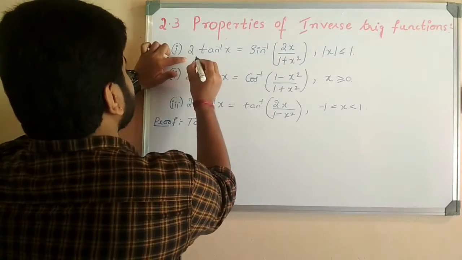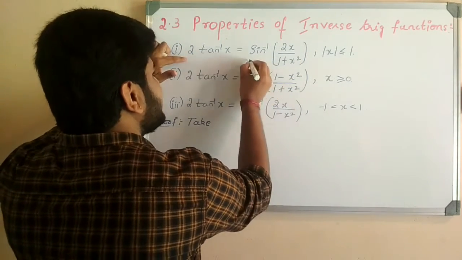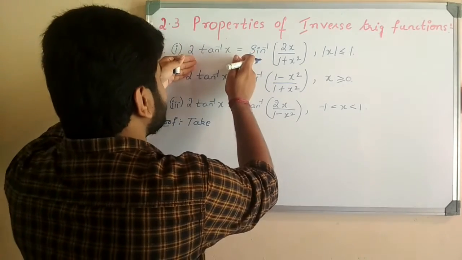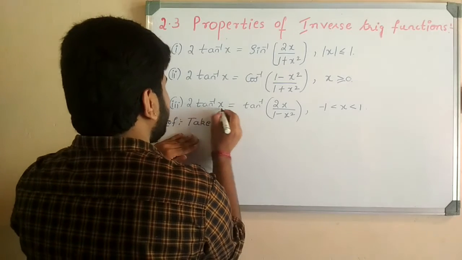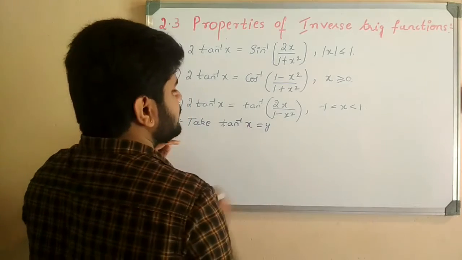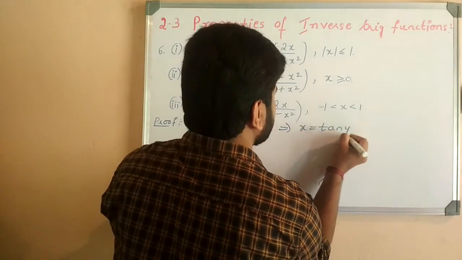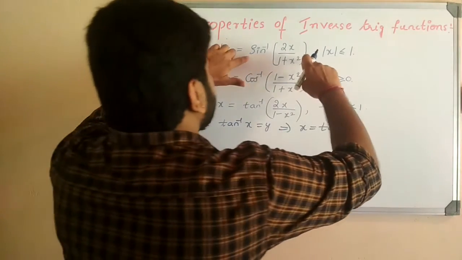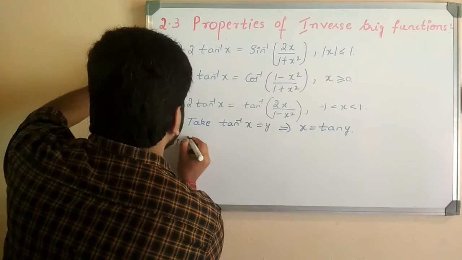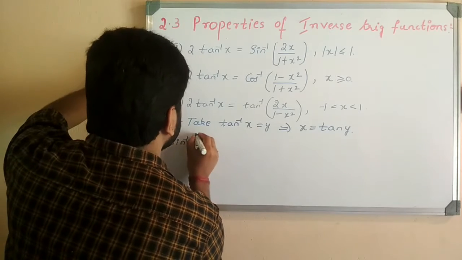So in the sixth property, 2 tan inverse of x is written in the form of sine inverse, cos inverse and tan inverse. So to prove this property, first you need to take tan inverse of x is equal to y. So this implies x is equal to tan y. So for the first property, sine inverse of 2x divided by 1 plus x square.